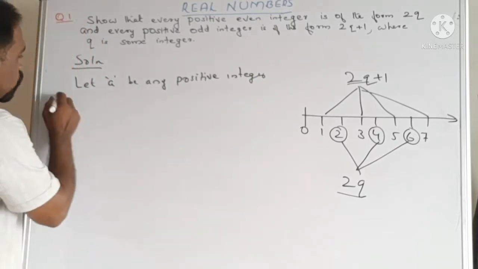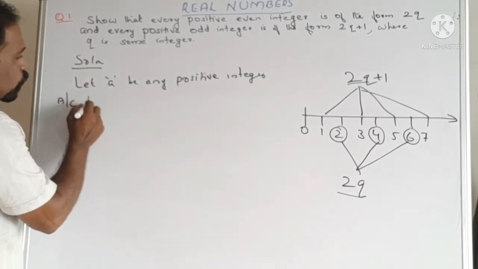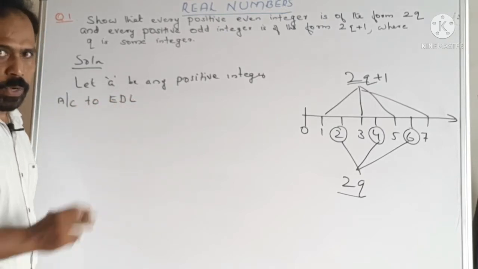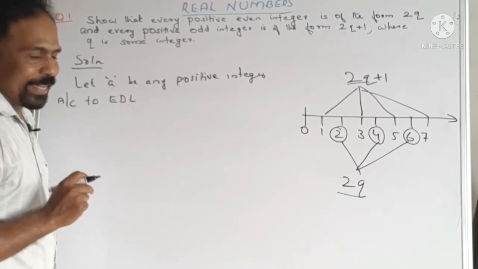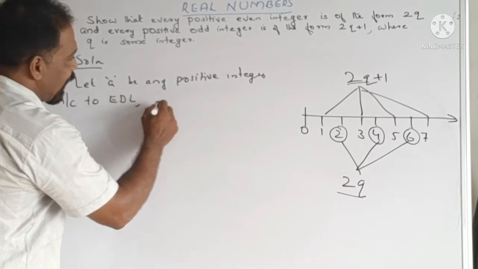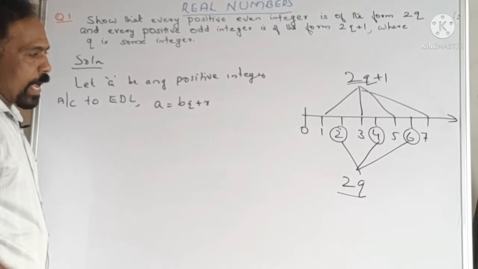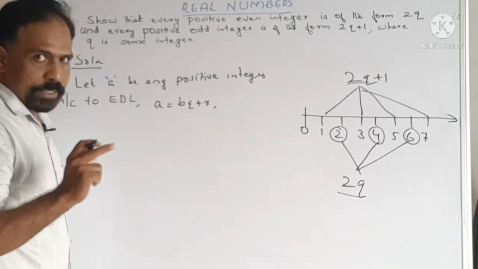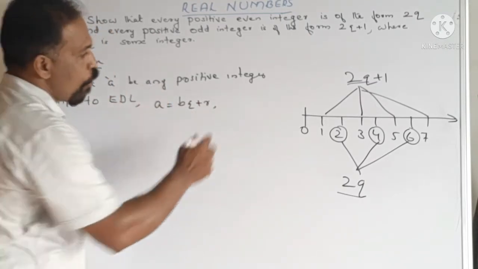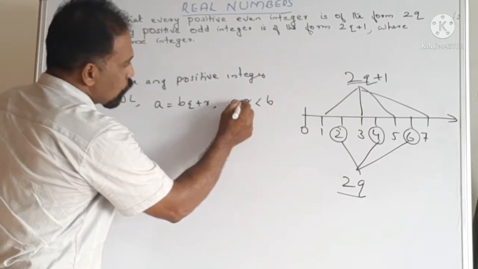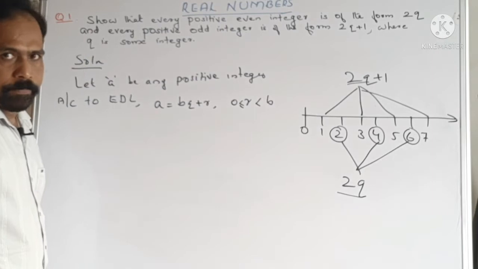According to Euclid's division lemma, we can write a is equal to bq plus r, and whenever you write this statement, you have to give the condition of the remainder: the remainder is between 0 and b.